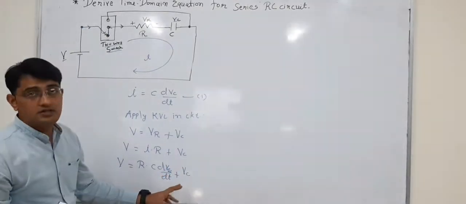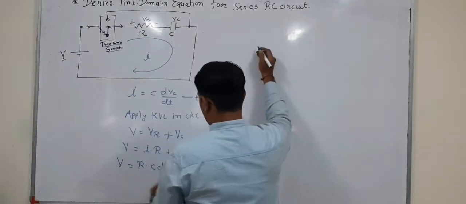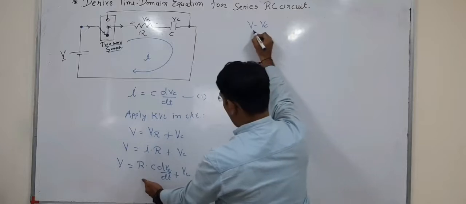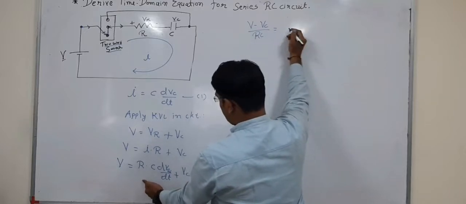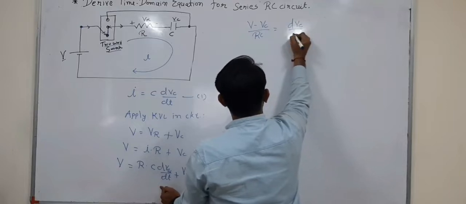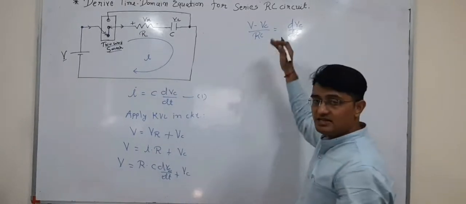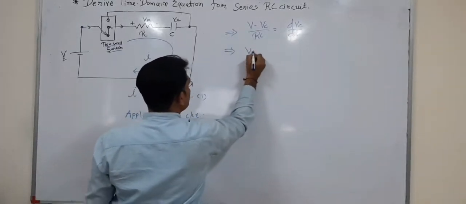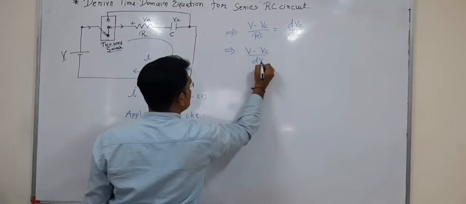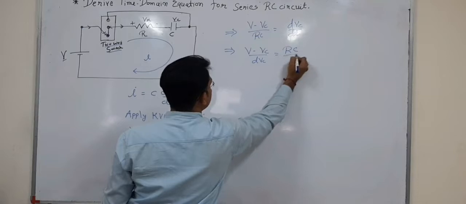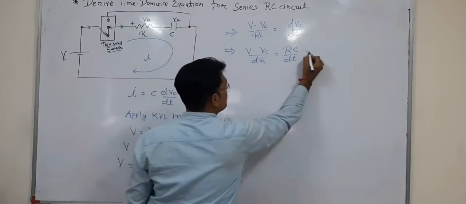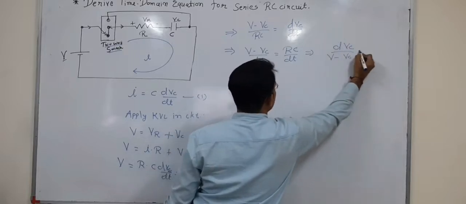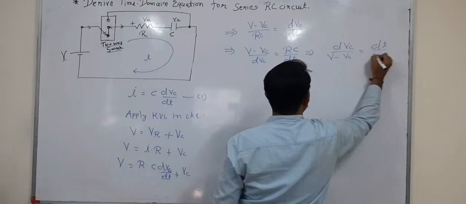We can write (V minus VC) upon RC equals dVc by dt. Rewriting: (V minus Vc) upon dVc equals RC by dt. Finally, dVc upon (V minus Vc) equals dt by RC.